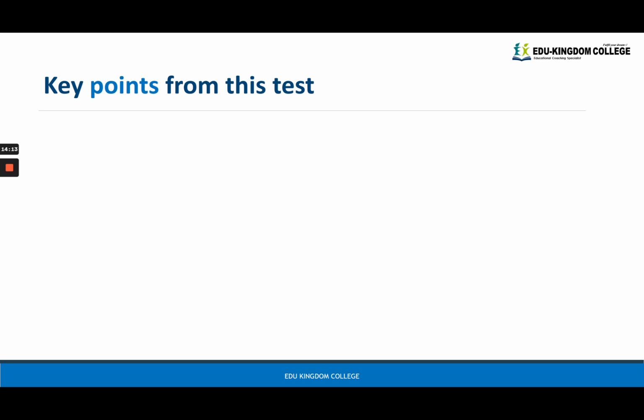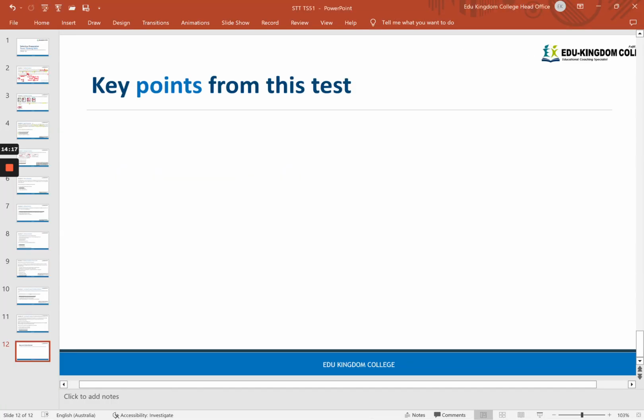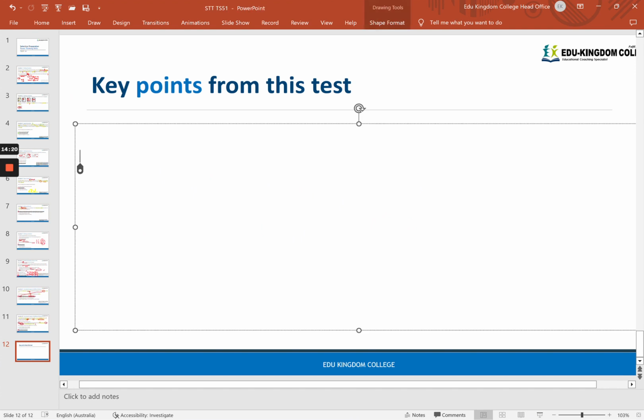Okay, so every lesson we'll do 1 key point from the test. The key point from this one, for logical reasoning: make sure to read the line of reasoning carefully.